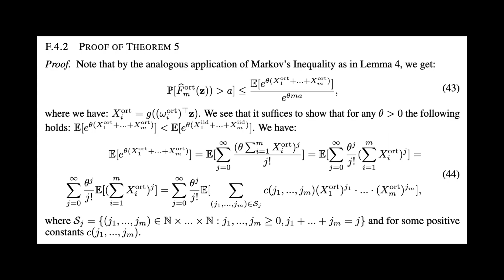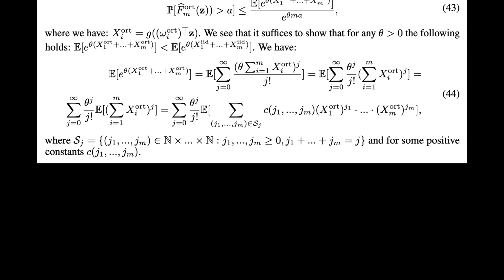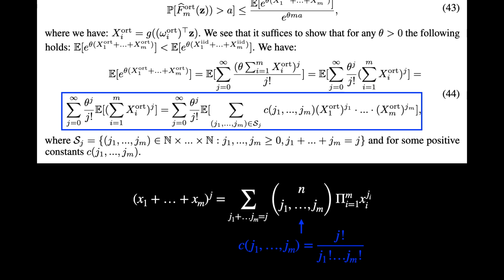For the comparison between the expectation of the exponential function with theta and the summation of random features, use the Taylor series for the exponential. The second line in equation 44 essentially uses the multinomial theorem.